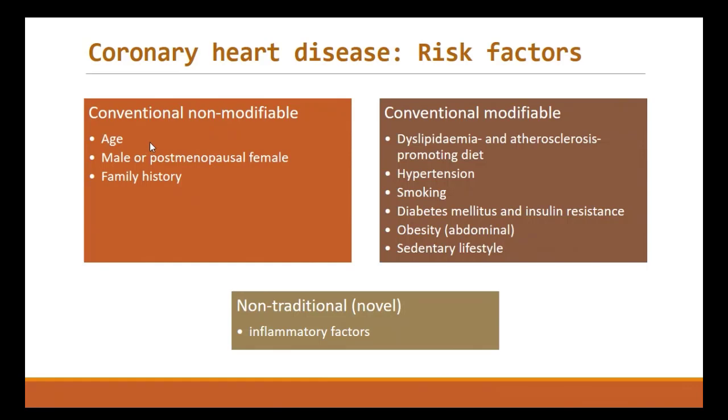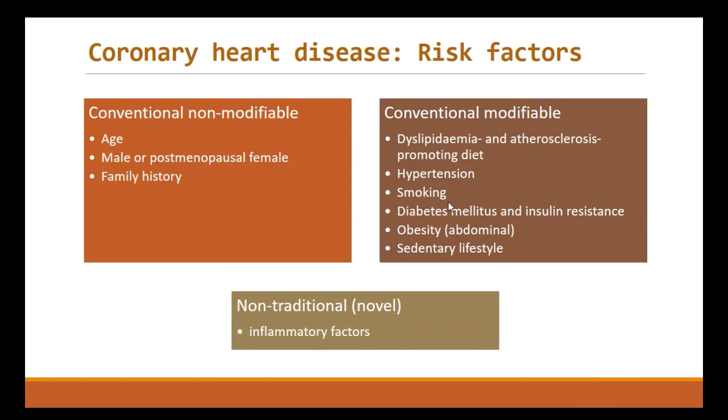You can't change the patient's age, sex, or family history. So these are non-modifiable. Modifiable ones are dyslipidemia, hypertension, smoking, insulin resistance, diabetes, obesity, mainly central or abdominal obesity, and sedentary lifestyle. So these are modifiable risk factors for coronary heart disease.